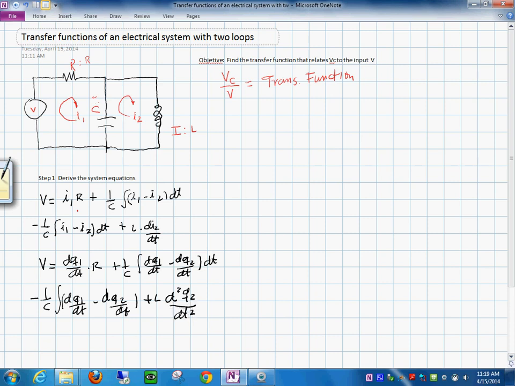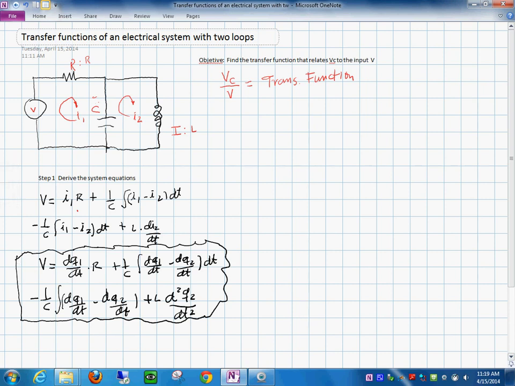So these are the equations of the system right here. That is step number one.